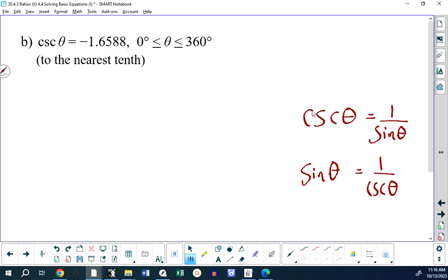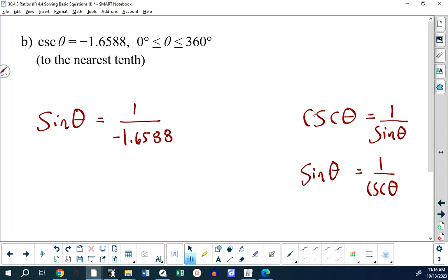Like, you want to do things with algebra. And I think if you start to algebraically justify what you're doing here, you can psych yourself out. Okay? Sine of theta is the reciprocal of whatever cosecant is, which means sine of theta is the reciprocal of negative 1.6588.